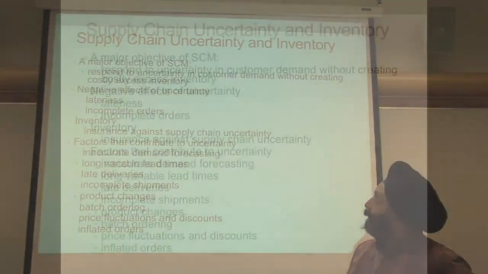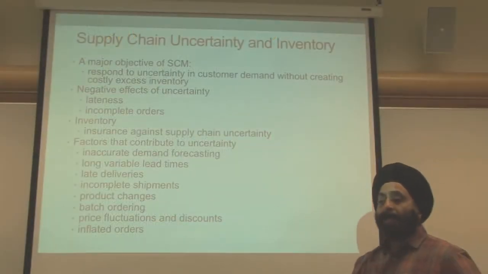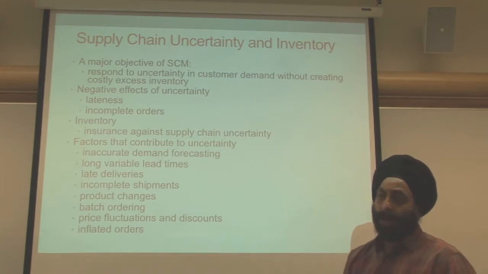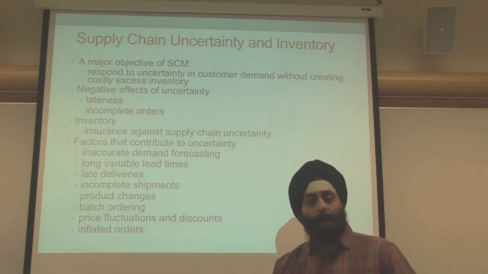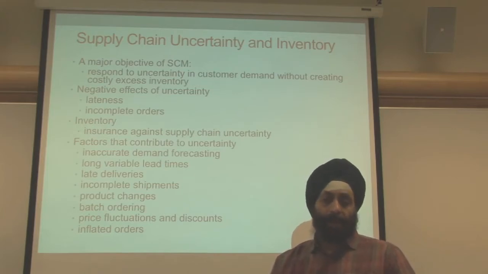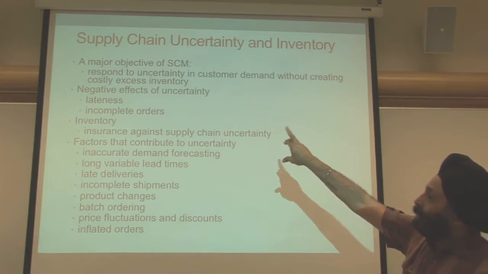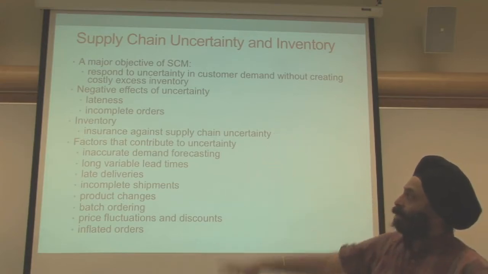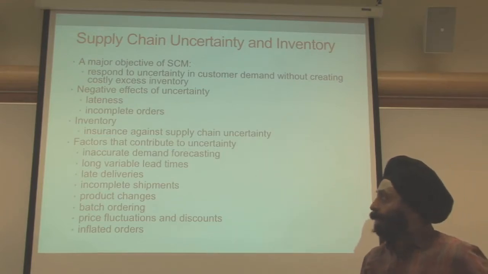In terms of supply chain uncertainty and inventory, one of the major objectives of supply chain is to respond to uncertainty. Anytime the demand changes or any fluctuations happen, the supply chain has to address that and make sure the right amount of supplies are available at the right time, at the right place. So respond to uncertainty in customer demand without creating costly excessive inventory, and handle the negative effects of uncertainty, such as lateness or incomplete orders that typically happen.